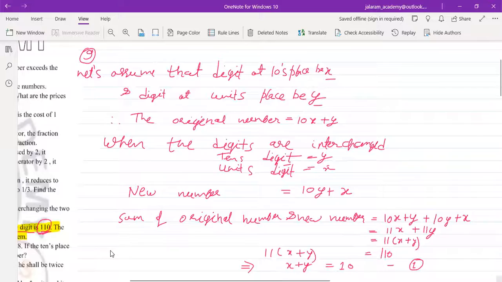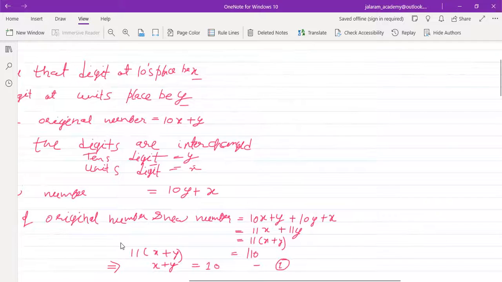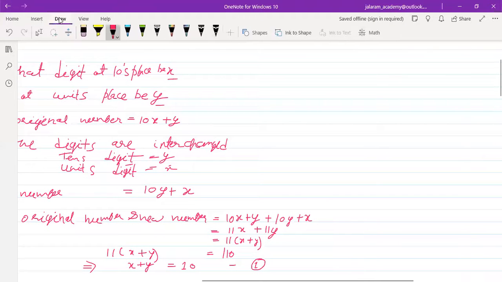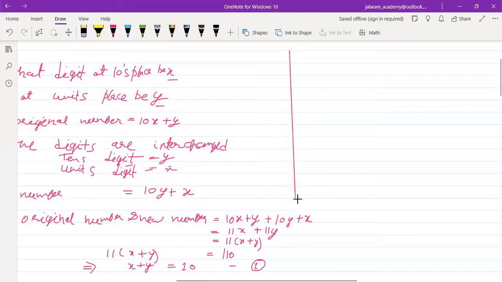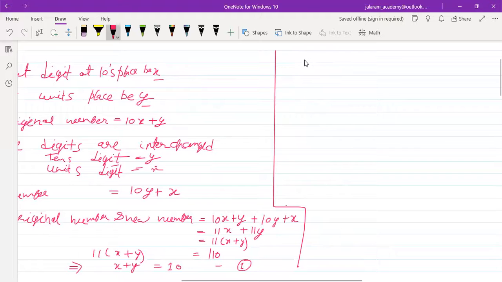After this, we read the next line. The digits of the number differ by 6. So this is the main confusion in this question, that only the difference in the digits is given. It is not given which digit is larger and which is smaller. So we can have two cases.